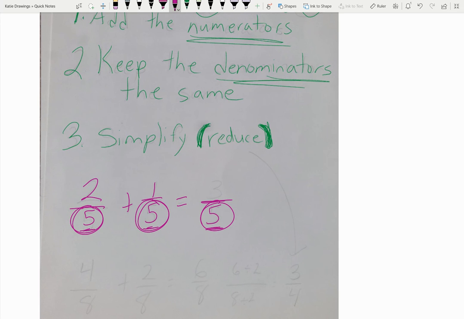And then of course 2 plus 1 equals 3. Now when I need to figure out if I have to simplify, I have to think, is there a number that fits into 3 and 5? No, besides 1, but that would just give us the same conclusion, 3/5. So you cannot simplify 3/5 anymore.